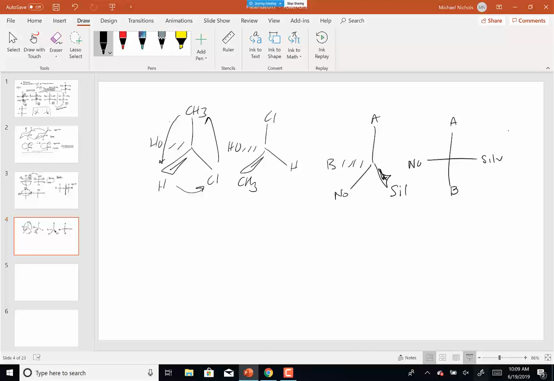Could you see though that going from, let's say, left to right, here's my tetrahedron with my silver. All I've got to do is just do this. It's flat, so all I got to do is do that. So the silver and these two basically stay the same, and then these two positions go into the back.